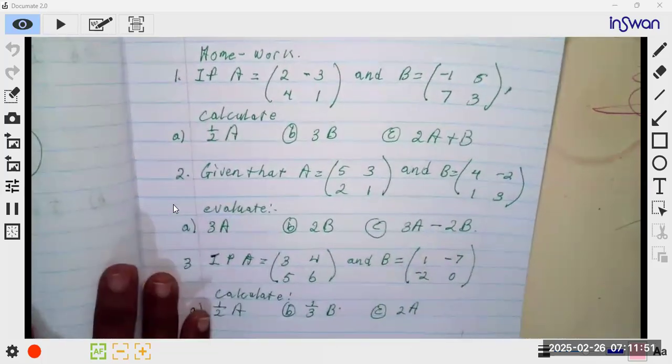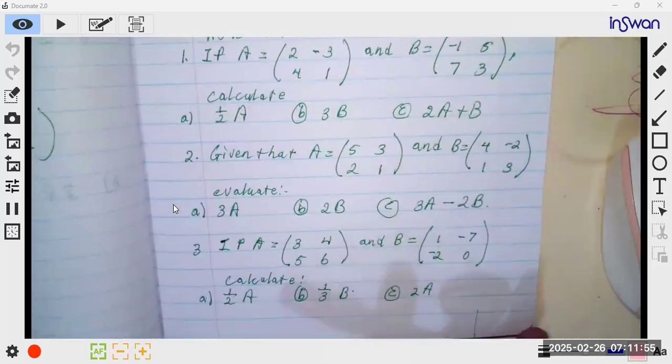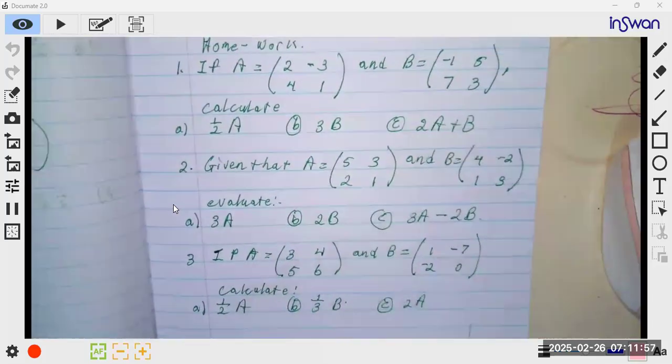So these are the questions that you all will have for homework. And this is what scalar multiplication is all about.